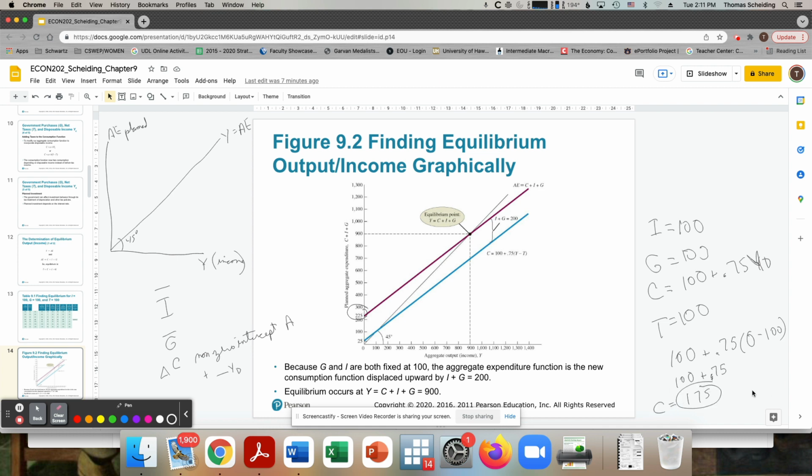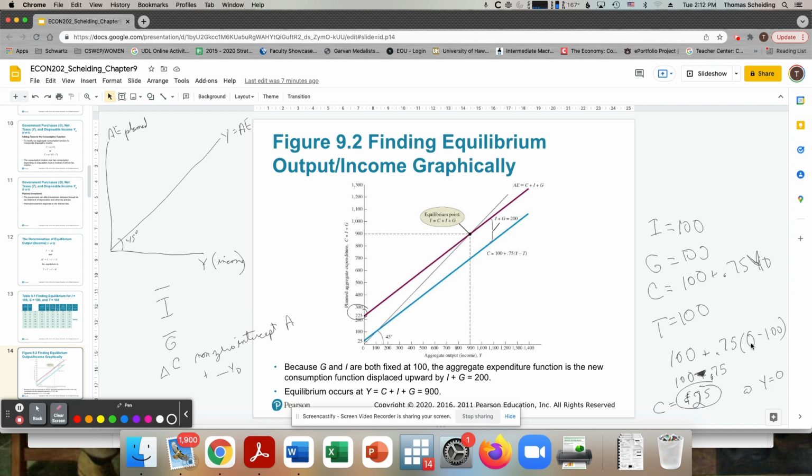So consumption equals 175 at income level 0. Oh, sorry, wrong term here. Sorry, plus and negative. Sorry about that. Some of you were probably looking at that and saying, Shining, what are you up to? 100 minus 75 is 25. So consumption equals 25 at income level 0.